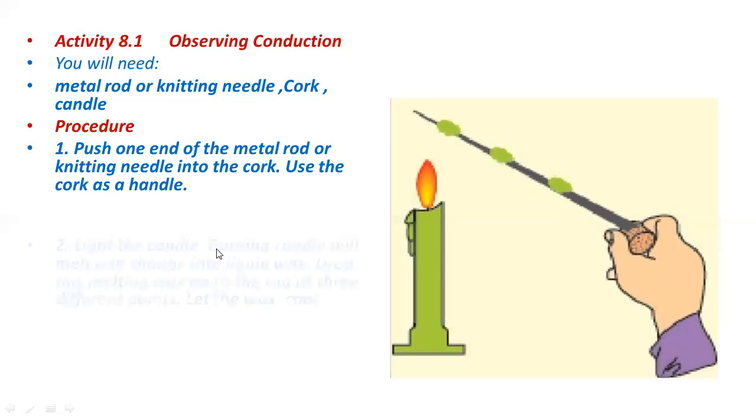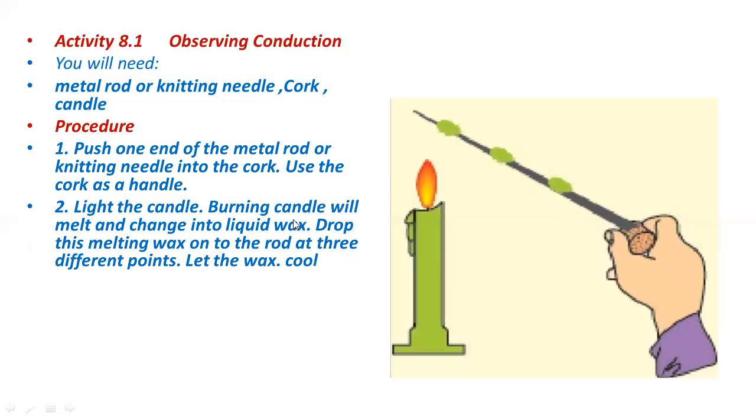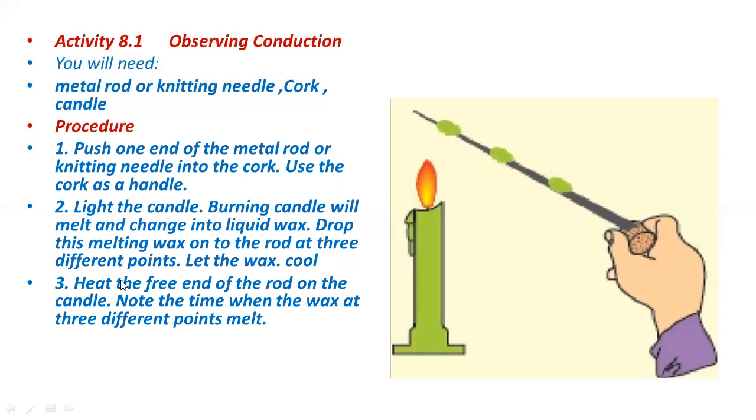Light the candle; the burning candle will melt and change into liquid wax. Drop this melted wax onto the rod at three different points, then let the wax cool. When the wax has cooled down, hold the knitting needle with the wax over the candle.